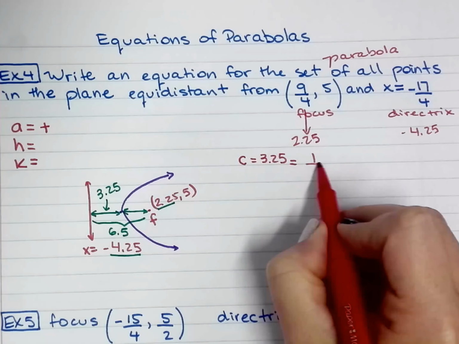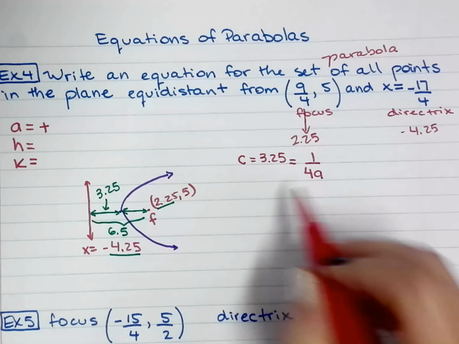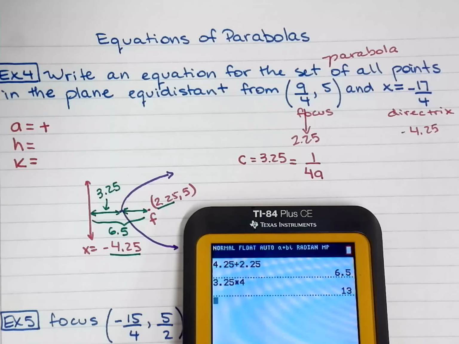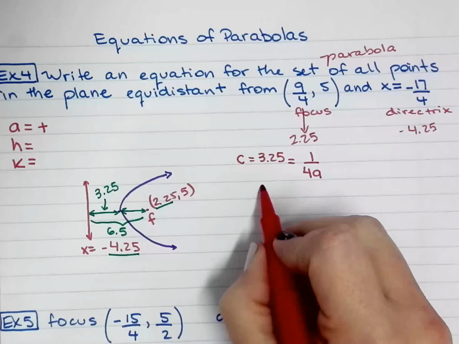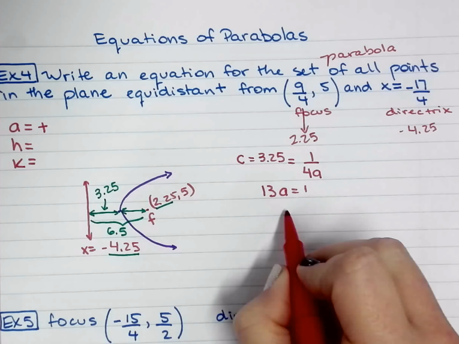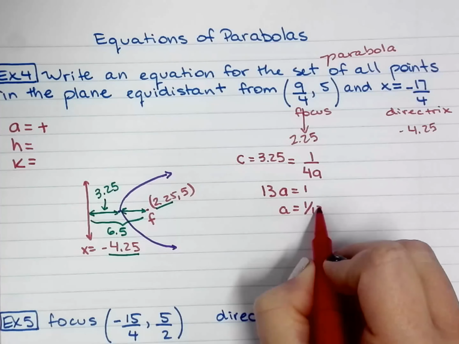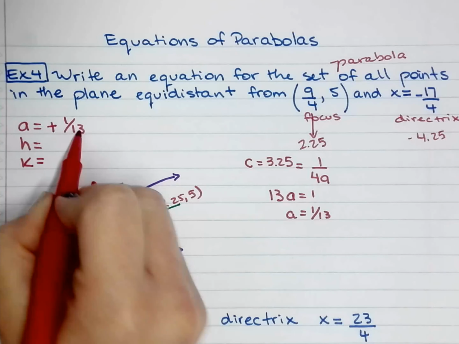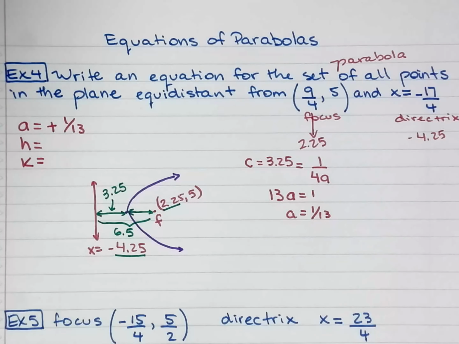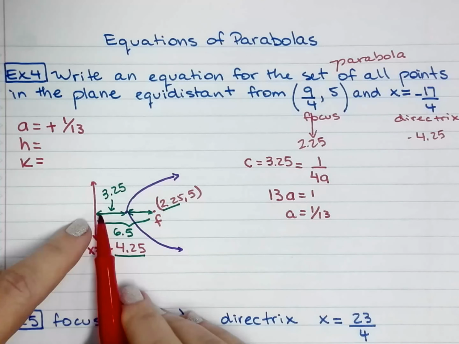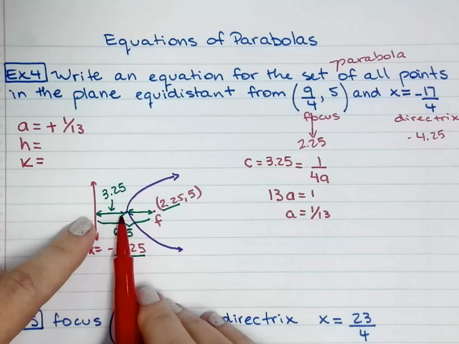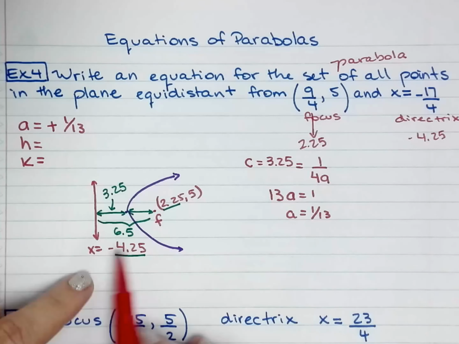I know C equals 1 over 4A. Multiply both sides by 4A. So that's 13. So A is 1 over 13, and we decided A is positive. All right, we need the vertex. Since from the directrix to the vertex, I need to add 3.25 because I'm going to the right.